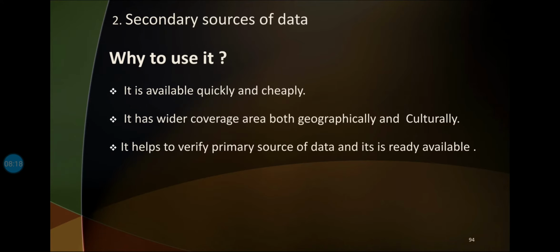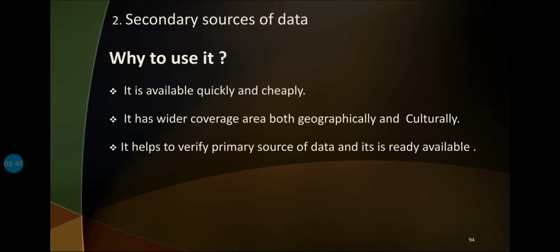Now the question is, secondary data, why use it? Because it is available quickly and cheaply. It has wider coverage. Hundreds of minds are doing a hundred different things, and thus the coverage area of the topic is much bigger as compared to an individual's mindset.